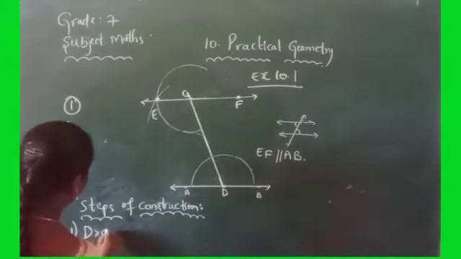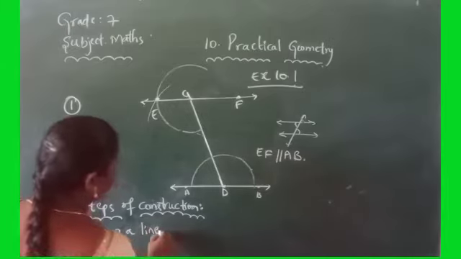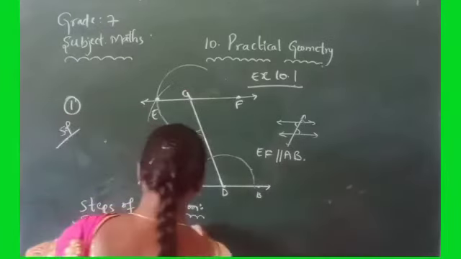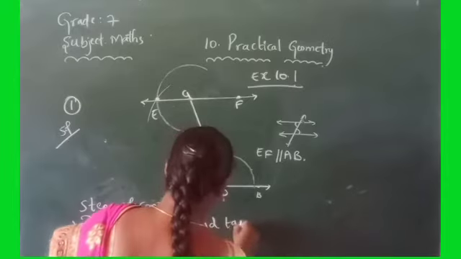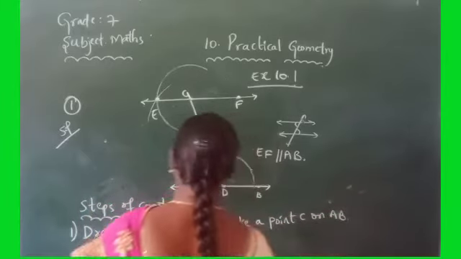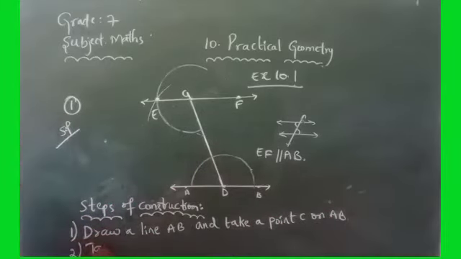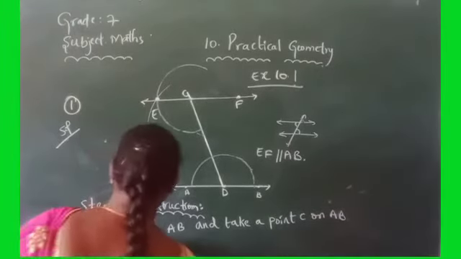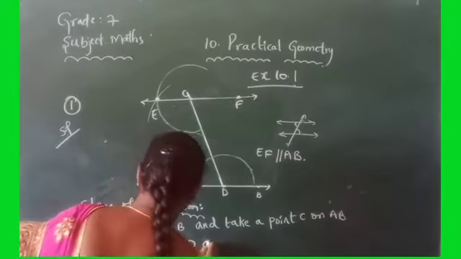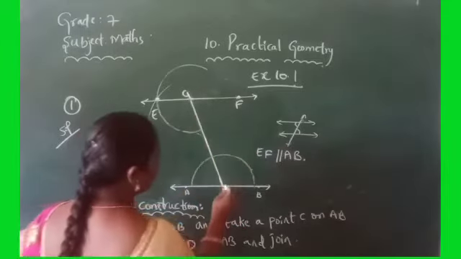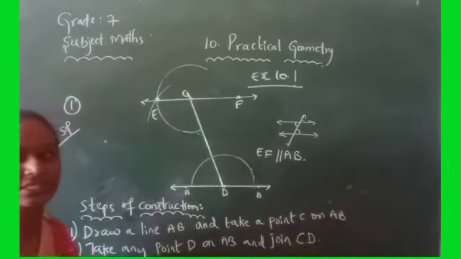First you have to draw a line AB, and take a point C outside it. Draw a line AB and take a point C outside AB. The second step: take any point D on AB and join C and D.